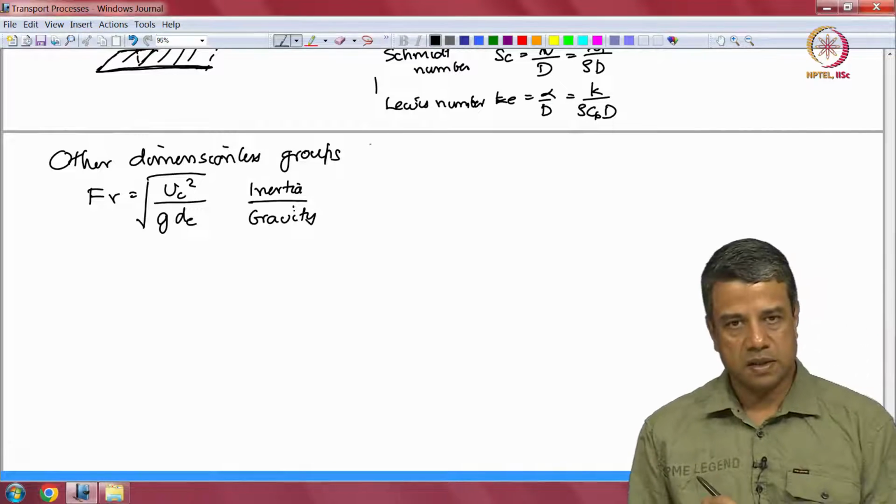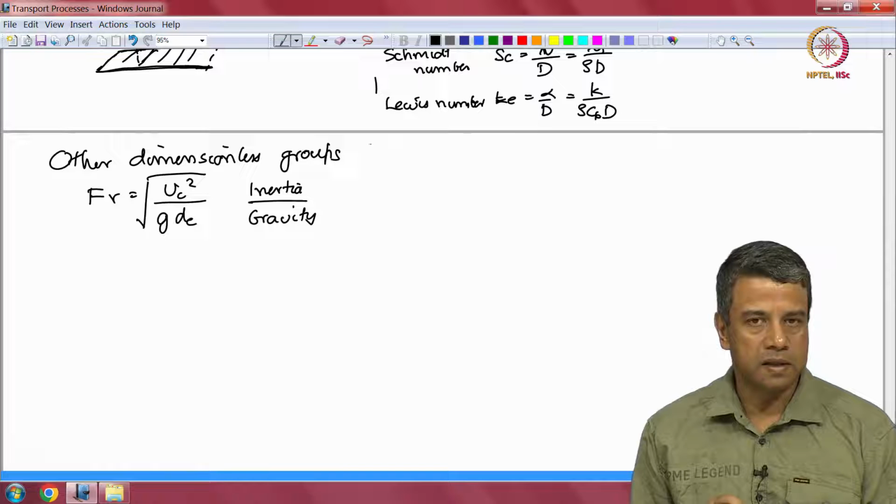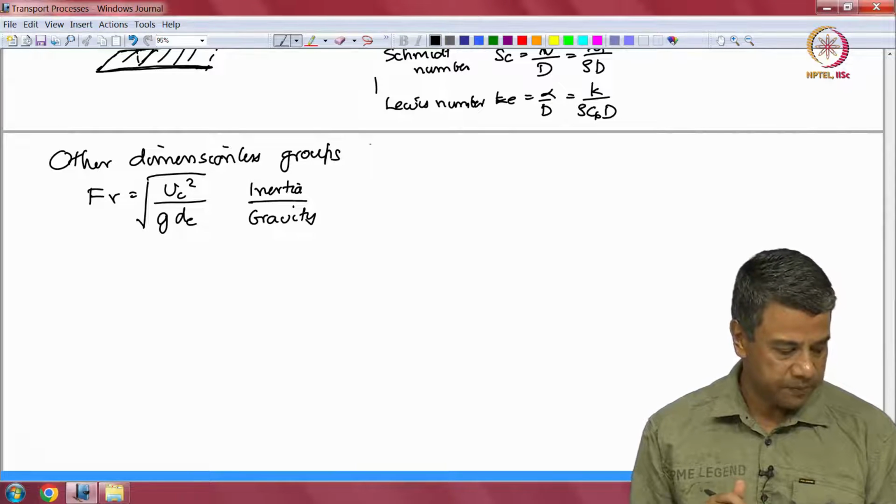Okay. So this is a dimensionless group. You can verify that the numerator and the denominator have the same dimension.